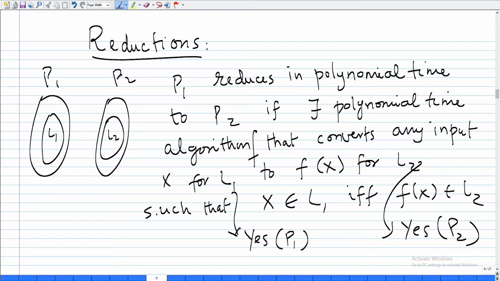So, we can reduce P1 to P2 if, for any input, there is some polynomial time algorithm which converts any input x here and translates it to f of x here, such that yes instances go to yes and no instances go to no. Anything here, these are all the yes instances, should go to here, and anything outside goes outside.